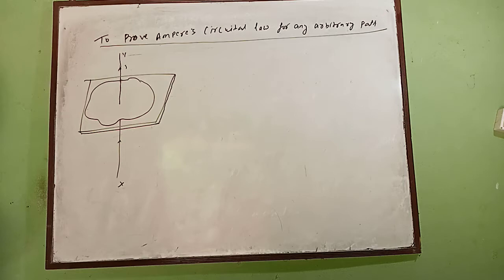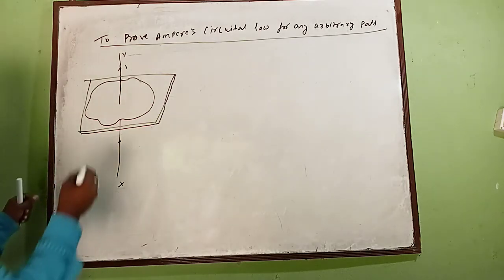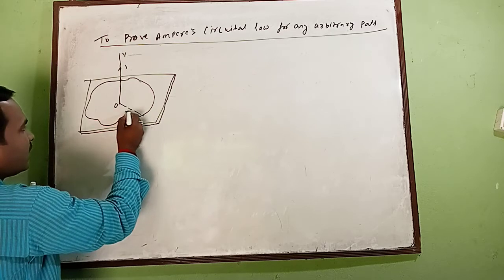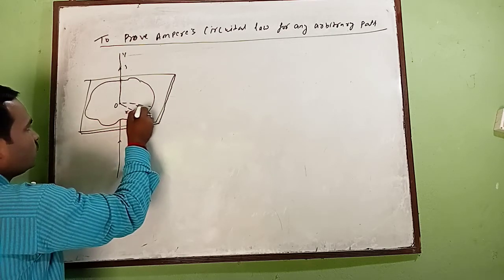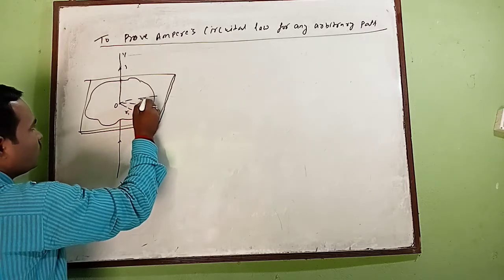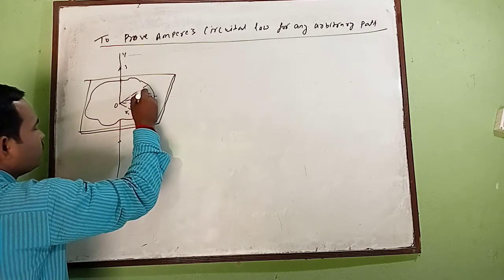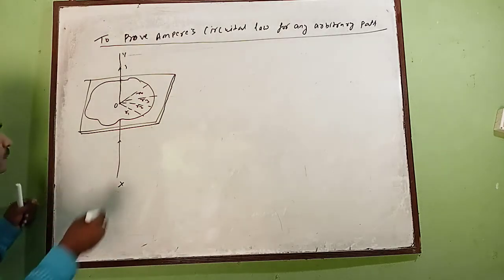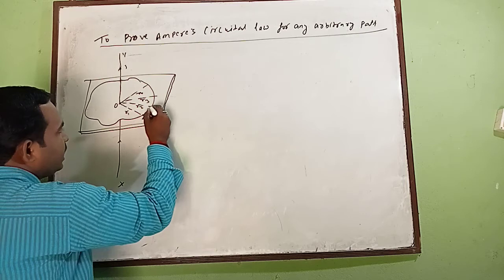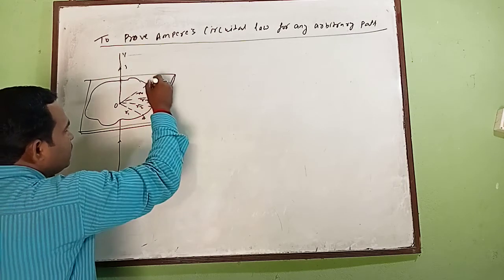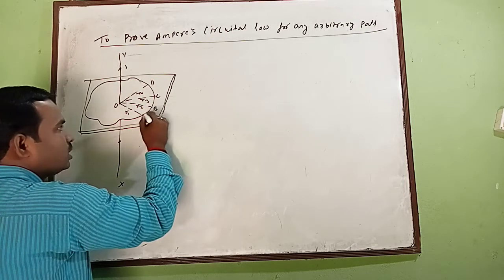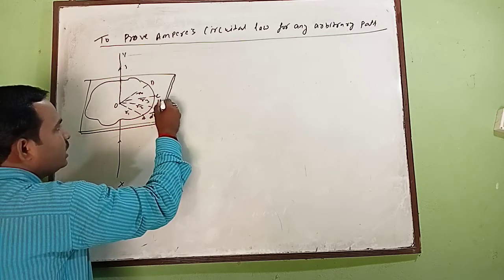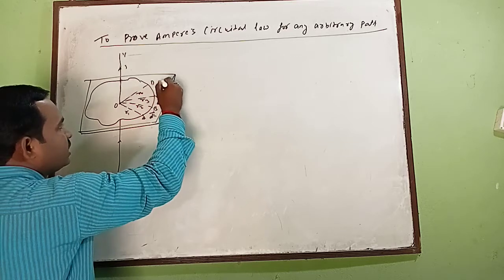Current I passes through these conductors, and suppose O is the origin and this is the radius R1, this is R2, this is R3, this is R4, like that it may be many radii. Suppose this point is A, here is B, here is C and D. The length of AB is dl1, this is dl2, this is dl3, like that you can take.